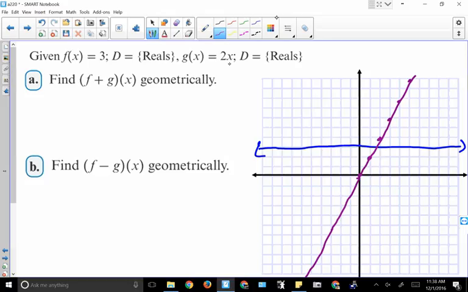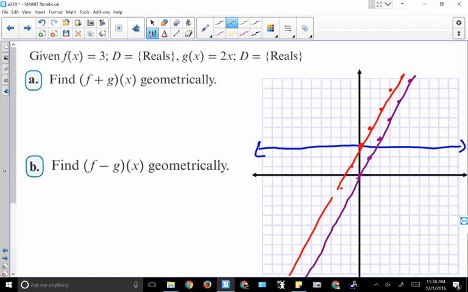This is always 2x, right? If I combine them, I would get 2x plus 3. Just add 3 more. So if I combine them together, what I end up with is a line parallel to the other one, but it's going to be going through here.